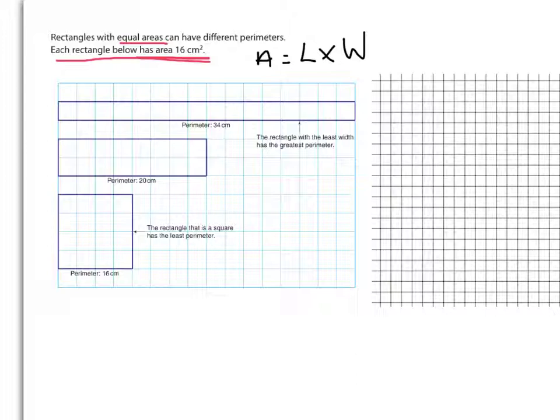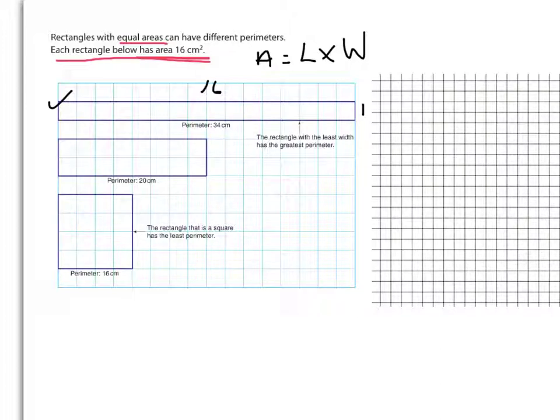So let's see, our length and our width. Our width is 1. Our length, well, let's count. 1, 2, 3, 4, 5, 6, 7, 8, 9, 10, 11, 12, 13, 14, 15, 16 is 16. Well, 16 times 1 is 16. So, yeah, that has an area of 16.